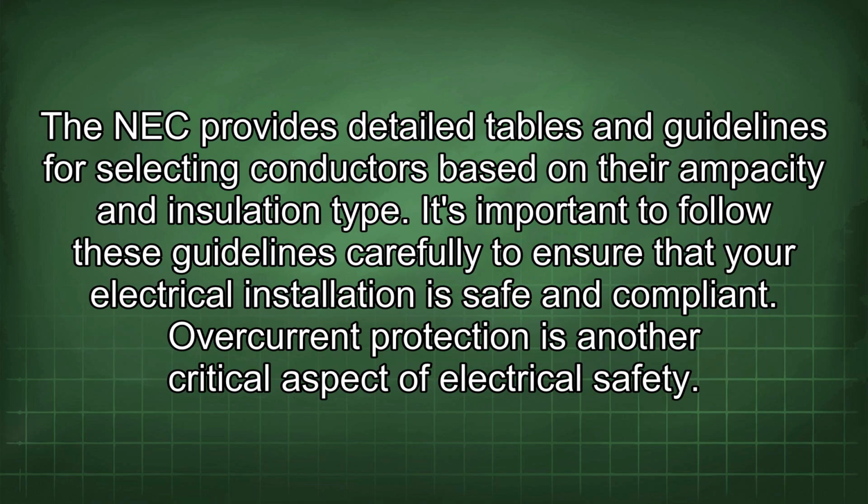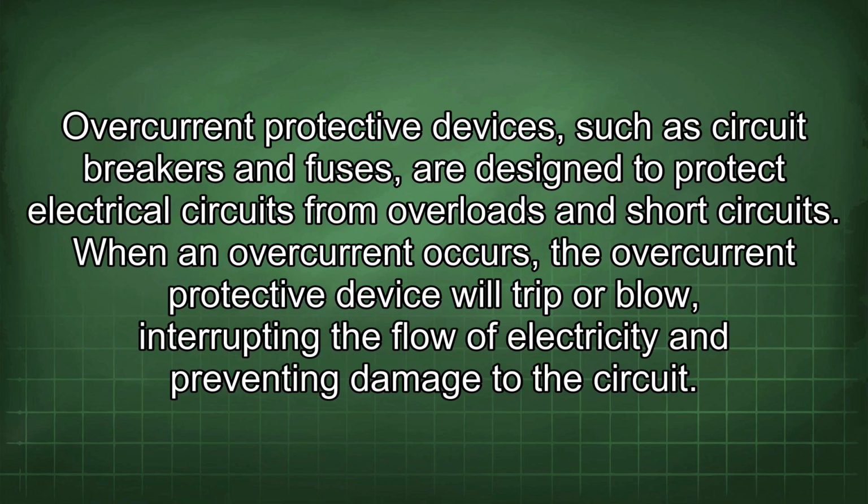The NEC provides detailed tables and guidelines for selecting conductors based on their ampacity and insulation type. It's important to follow these guidelines carefully to ensure that your electrical installation is safe and compliant. Overcurrent protection is another critical aspect of electrical safety. Overcurrent protective devices, such as circuit breakers and fuses, are designed to protect electrical circuits from overload and short circuits.